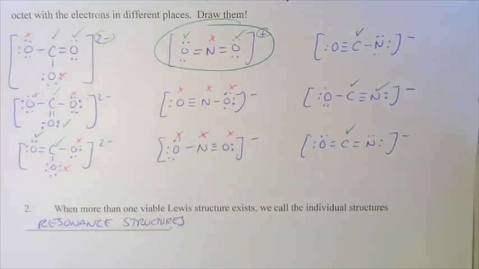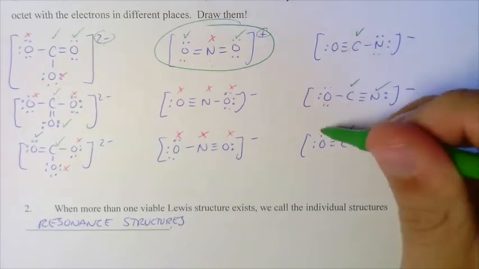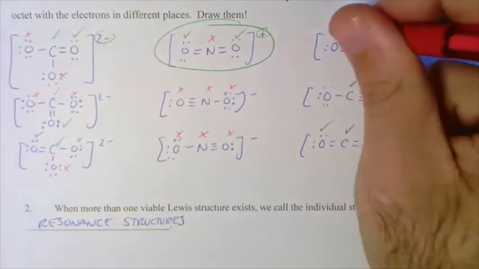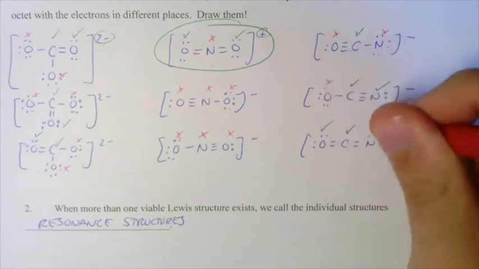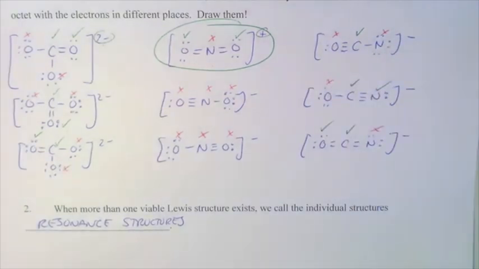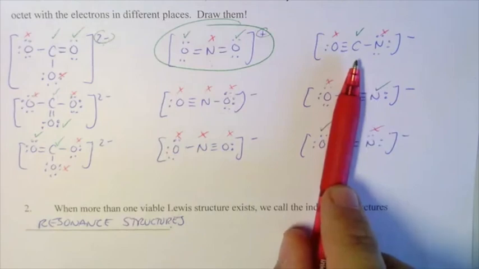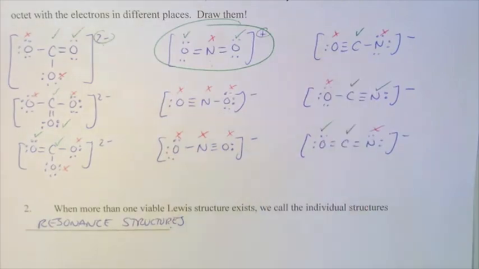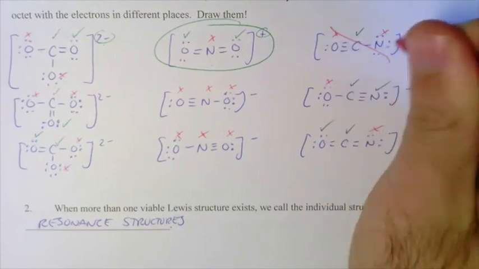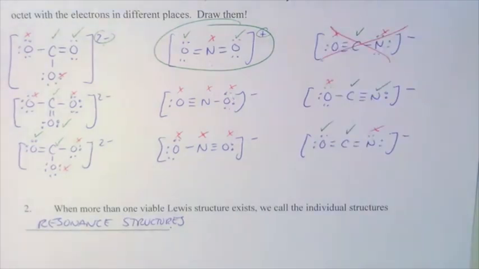Oxygen wants 2 bonds, so unhappy, unhappy, happy. So unlike the situation here, this is actually the worst possible structure, the one that we drew initially for this cyanate ion. So we'll cross that one out completely, just like we could have done on those.